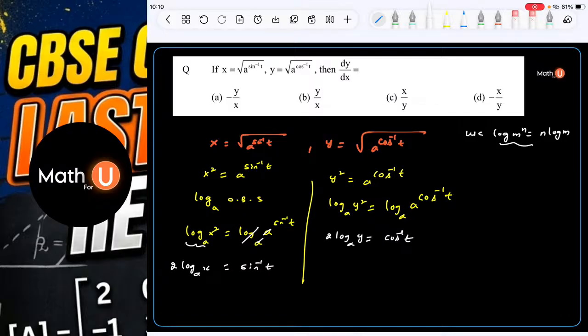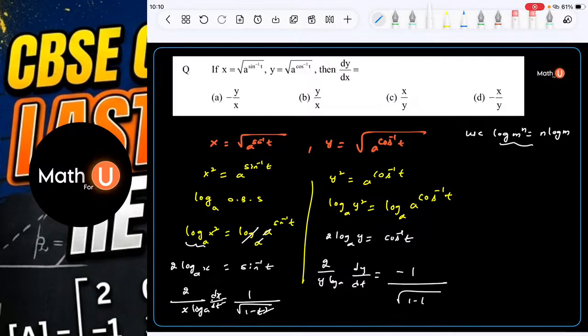Now differentiate on both sides. We get 2 by x log a, this is the formula for the differentiation of log base a x, equal to the differentiation of sin inverse t, which is 1 by square root of 1 minus t square, and you should write dx by dt. Here also 2 by y log a dy by dt is equal to minus 1 by square root of 1 minus t square.